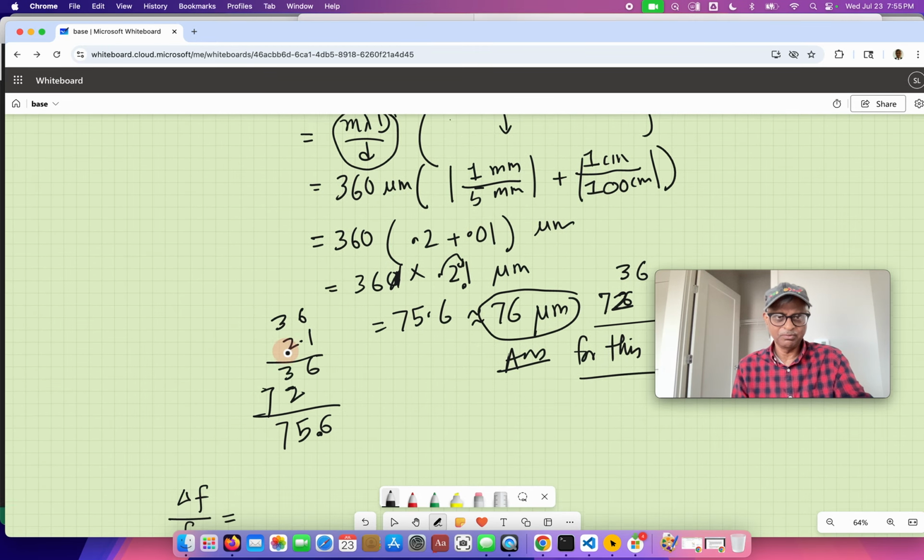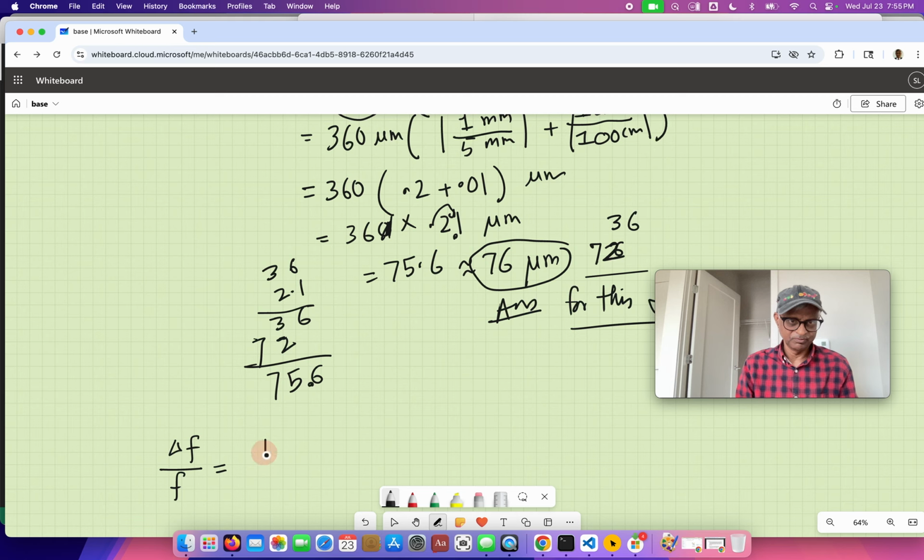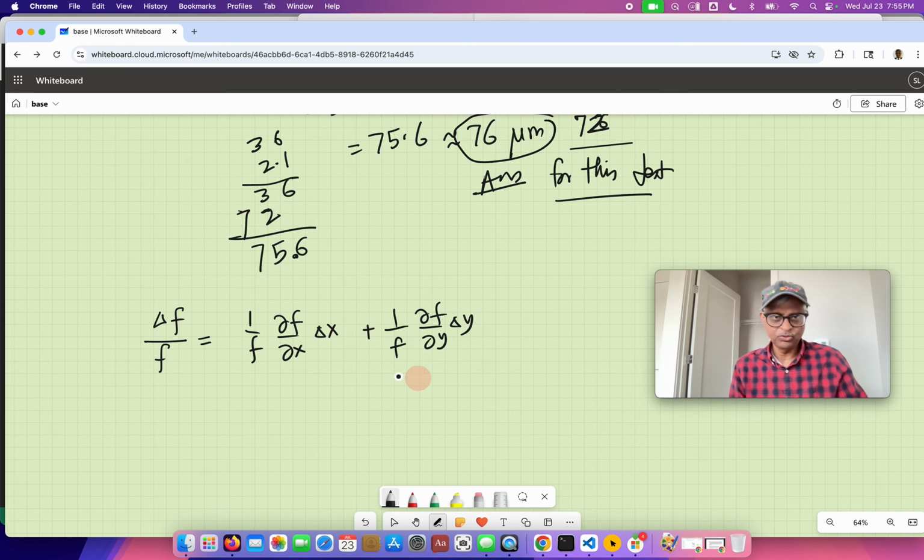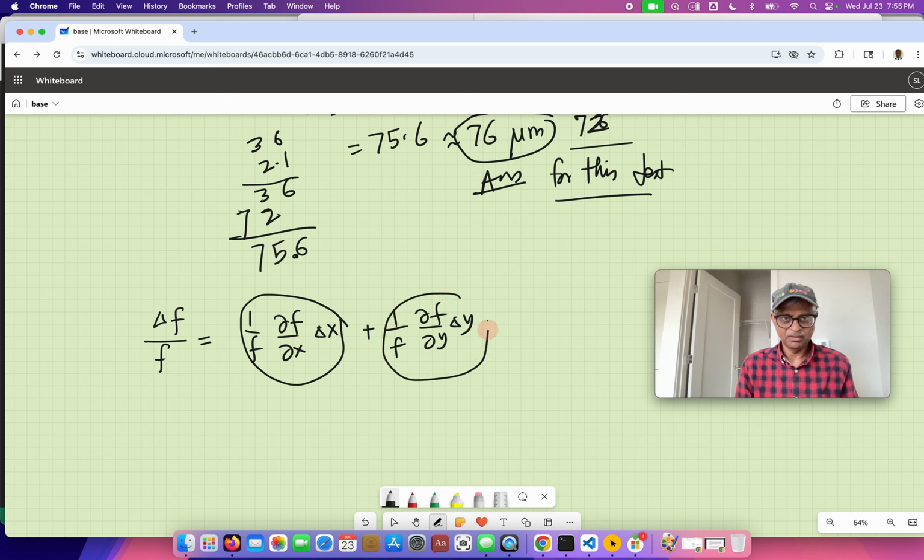We are going to have 1 over f df dx delta x plus 1 over f df dy delta y, and we are assuming this error and this error are distributed in a Gaussian way.